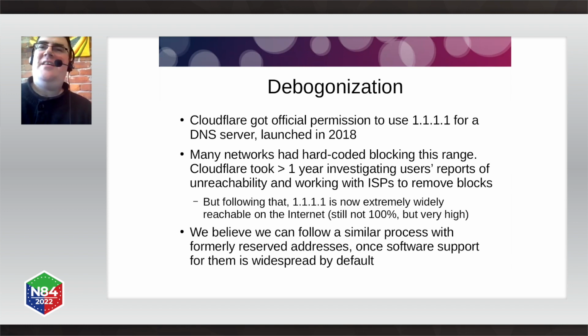Now, there was not an internet standard that clearly indicated that you ought to block that, but many networks did anyway. And Cloudflare worked really hard with the community, looking into specific reports of people who couldn't reach it, doing measurements, doing tests, and working with ISPs to isolate where the routability problems were for 1.1.1.1. And they debogonized it, and they're still debogonizing it, but they've gotten to a very high reachability.